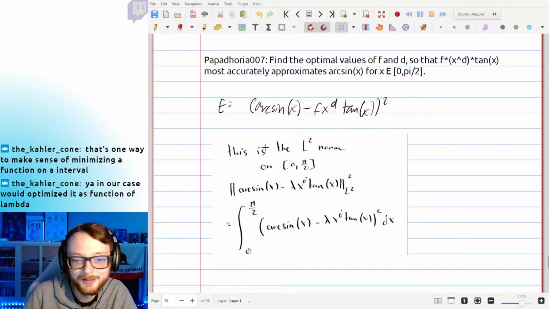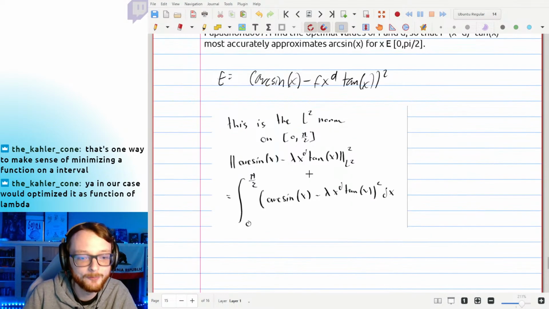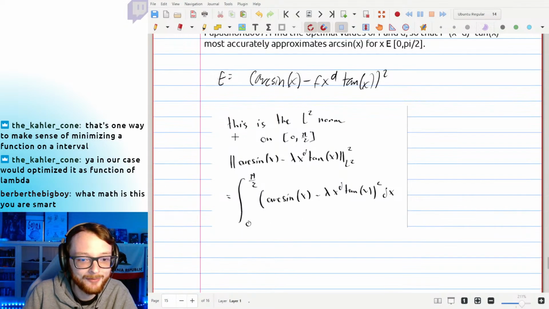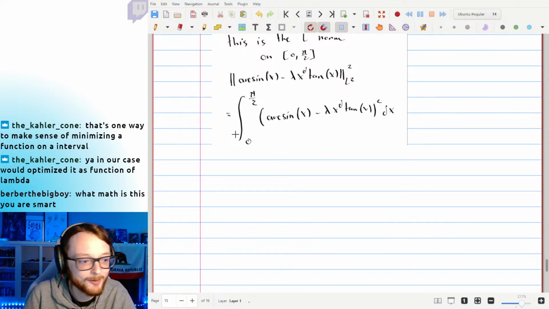This I don't know. I've never done this L2 norm stuff before. I don't know what you would call this type of math. Optimization of some kind. It's going to rely on some advanced calculus stuff, I guess.